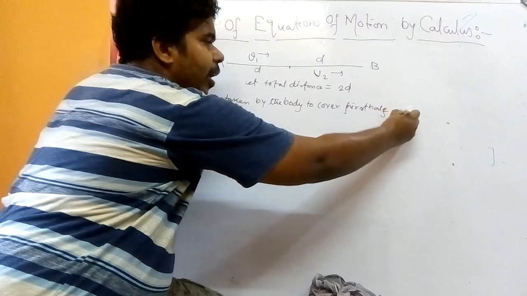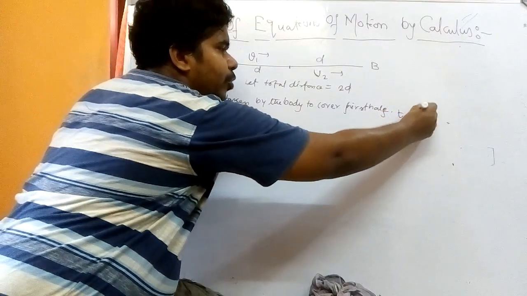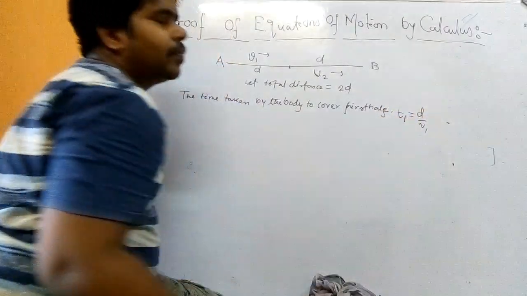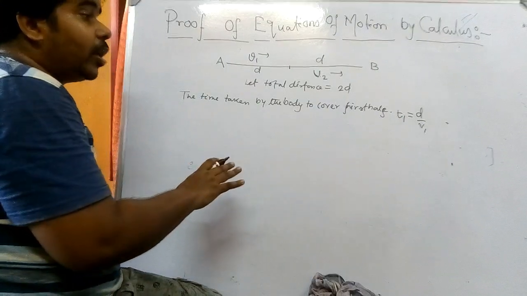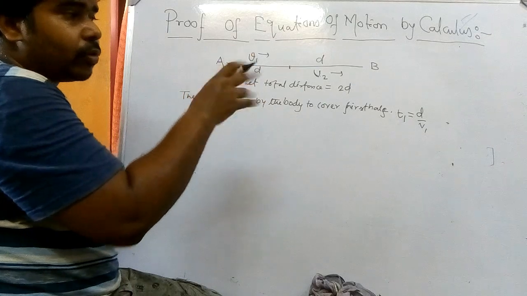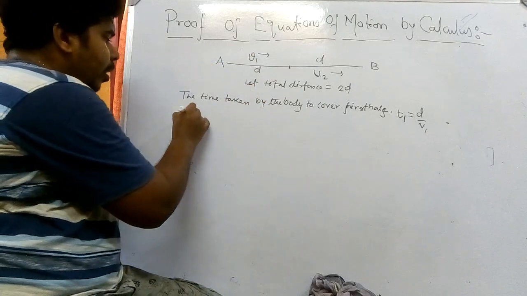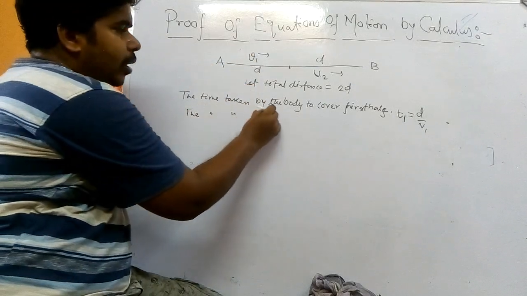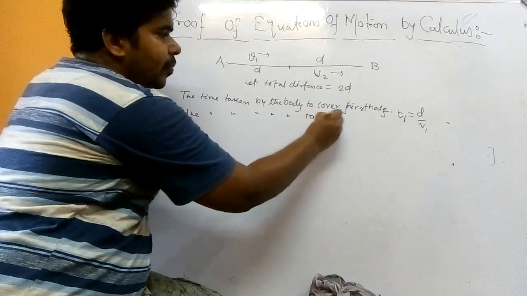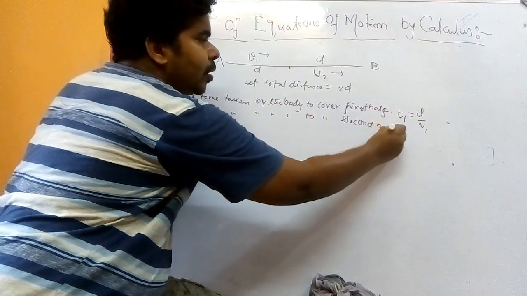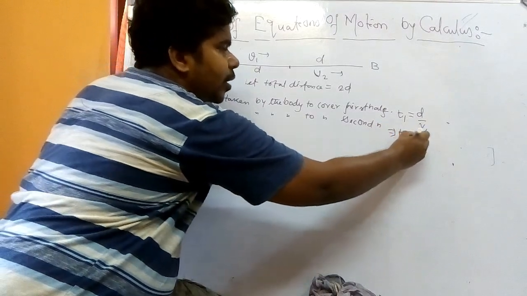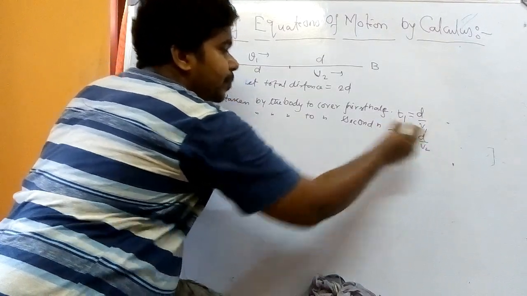So if the time we have taken is t1, that should be d by v1. So the first time taken by the body, t1 equals d by v1. And now we can write the time taken by the body to cover the second half. So it is t2, and t2 equals d by v2.